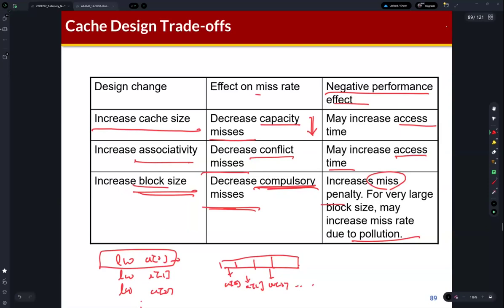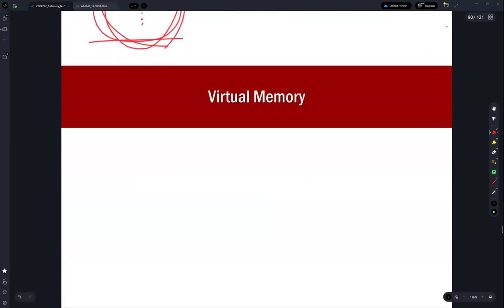Okay, and then I will explain another important topic in the memory system, the virtual memory. Until now, I just explained that with load word A, we first access the cache, and then if a cache miss is encountered, the main memory is accessed.